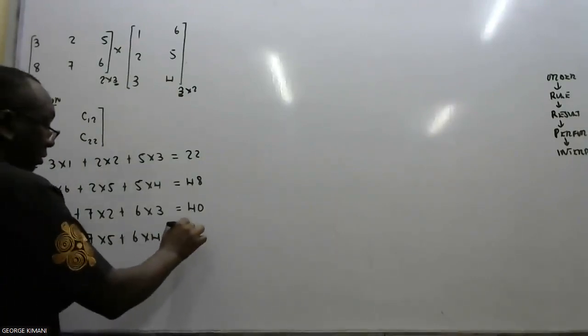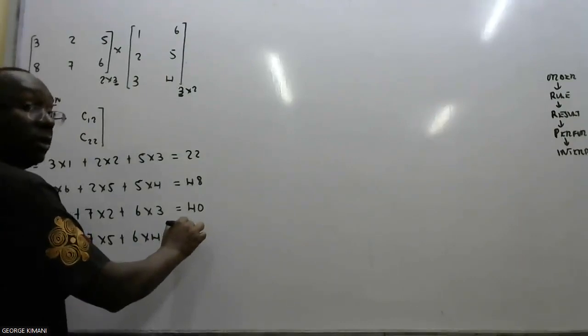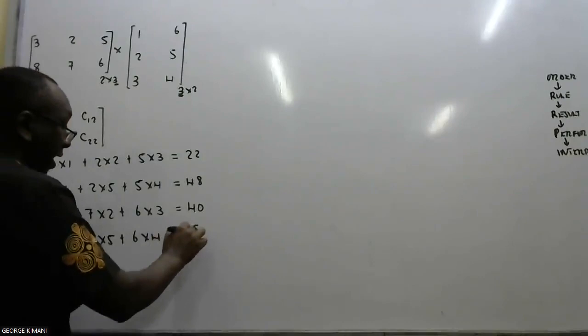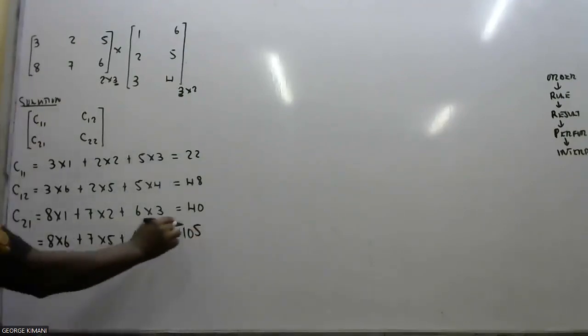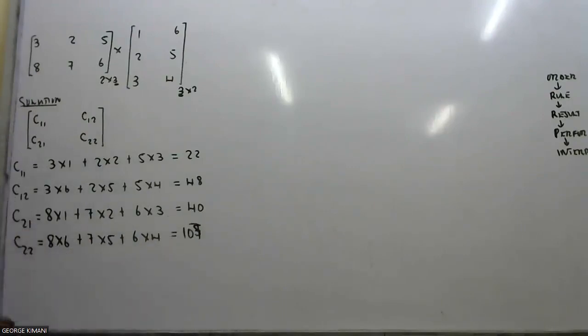Yes, get 107. So therefore, we have 22, we have 48, we have 40, and we have 107.